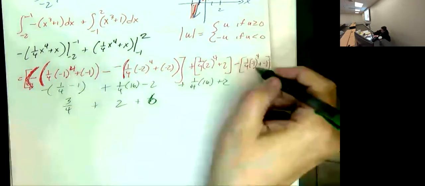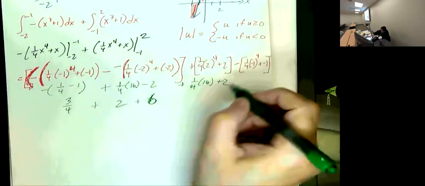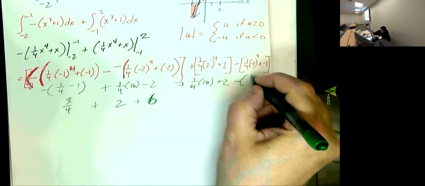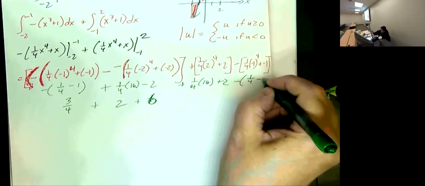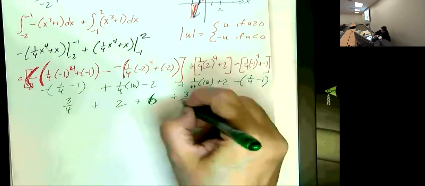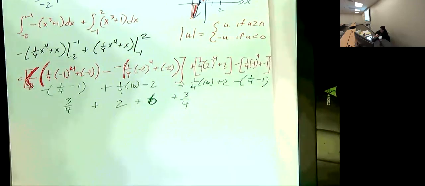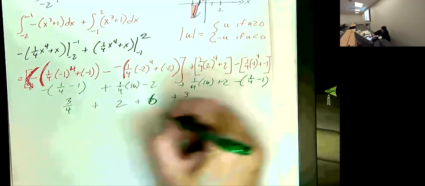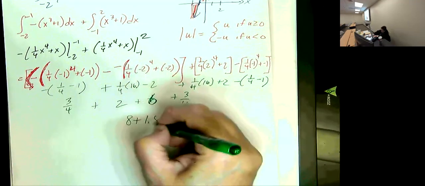And finally, I've got minus 1/4 minus 1, which is another plus 3/4. So 3/4 and 3/4 is 1.5. I've got 8 plus 1.5 is 9.5.